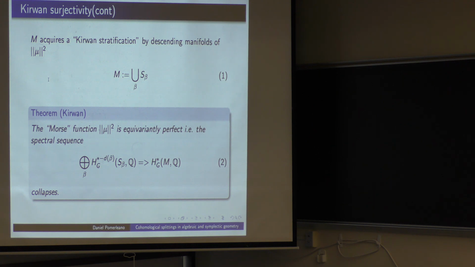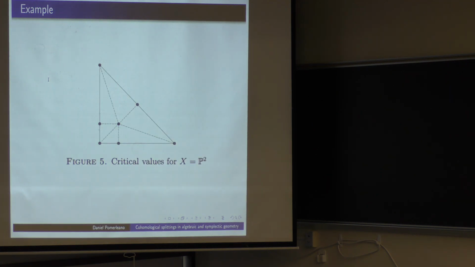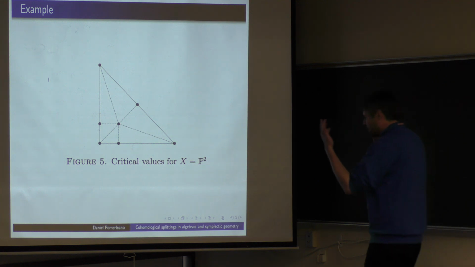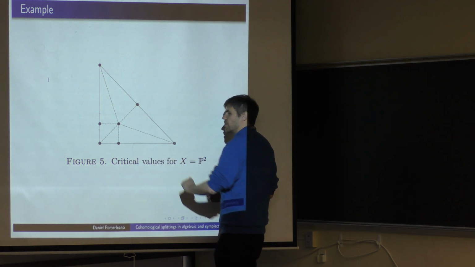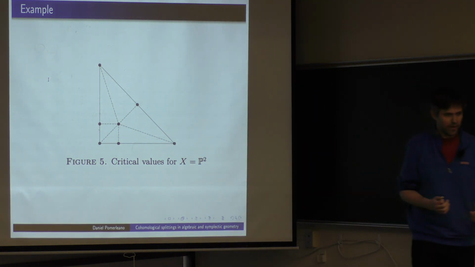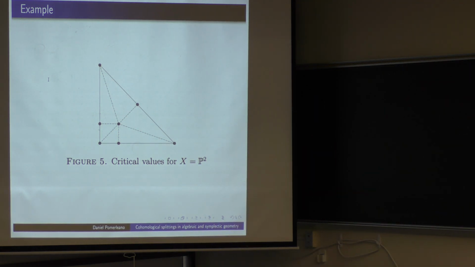And going back to here, one of the strata is always, when you have mu squared, the inverse image of zero will always be a critical set. And then you have all these other critical sets.